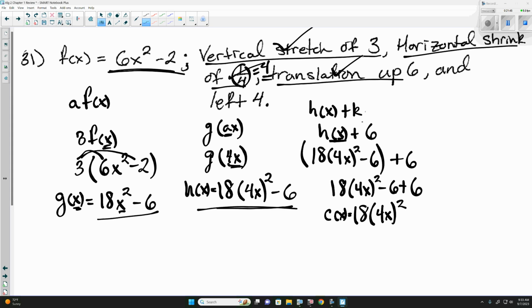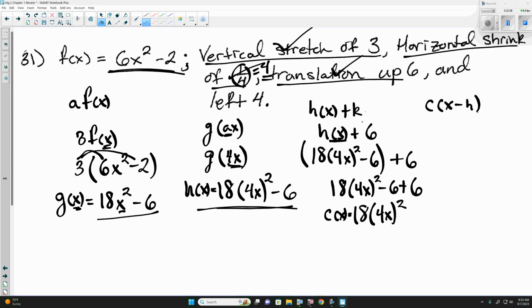Translate 6 units up, and lastly, left 4. So f of x minus h, which in our case we're just saying C. If you wanted to use f each time, that's fine as long as you keep track of which function you're applying.